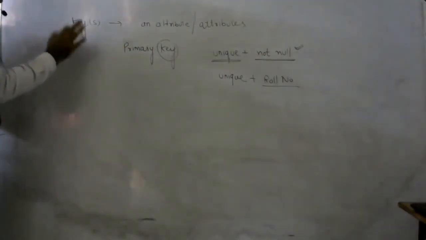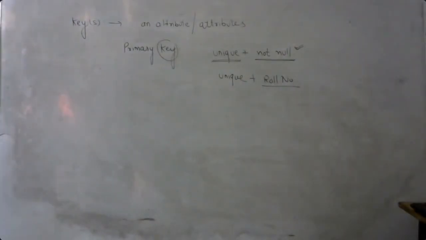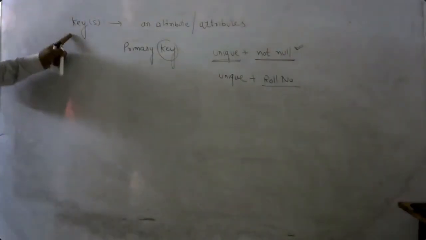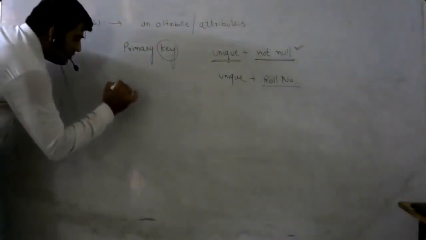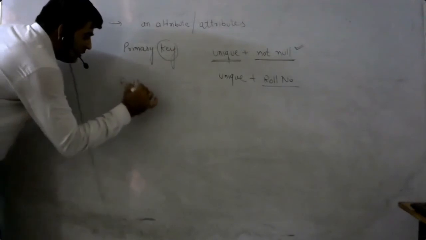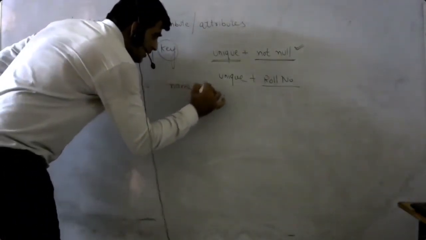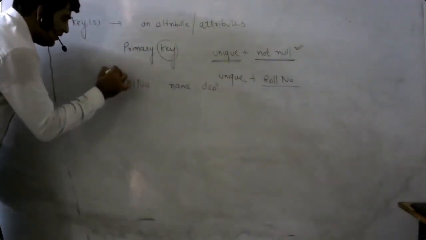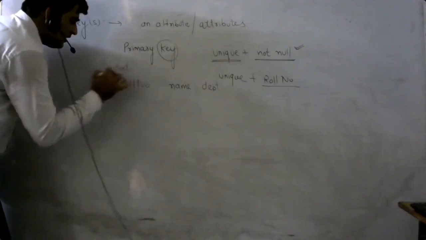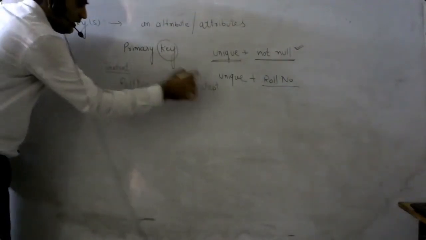Whenever you hear the term key, that means an attribute, that means a field. If I have a relation, student, with roll number, name, and department, then student is the name of the relation, and these are the attributes: roll number, name, and department.